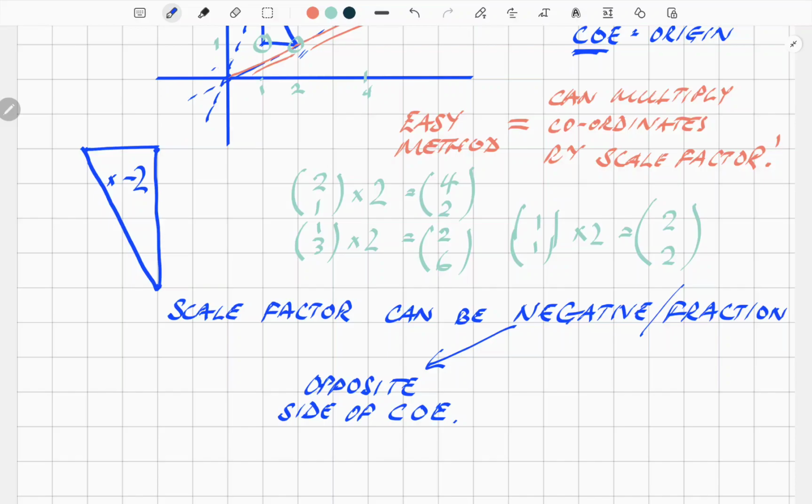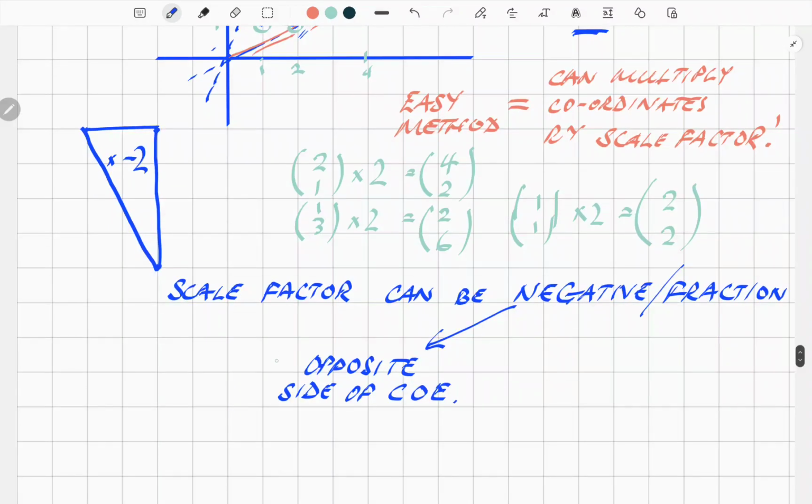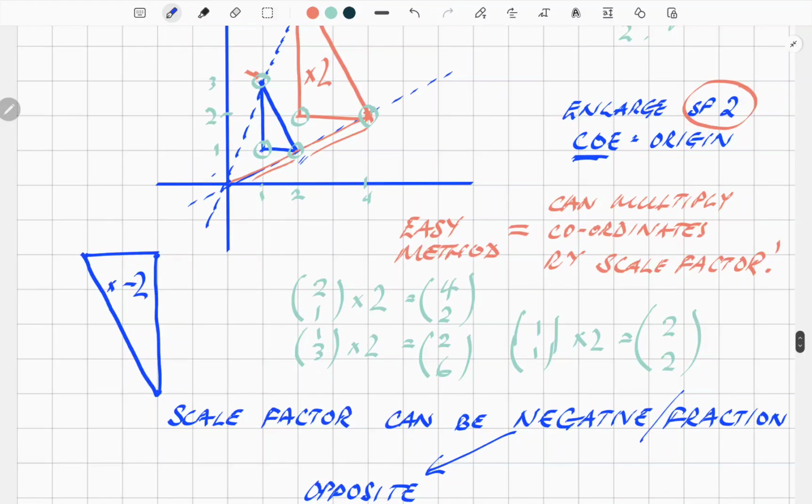It'll be on the opposite side, and it will be inverted, meaning flipped. You see how it's gone upside down? That's effectively what's going to happen.